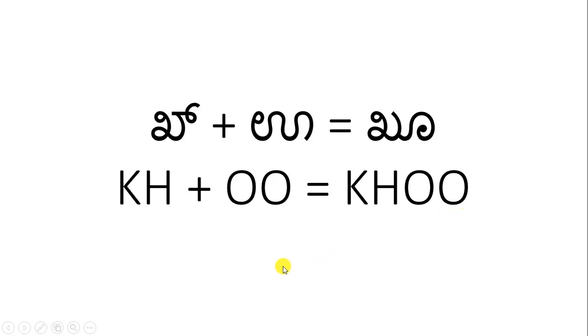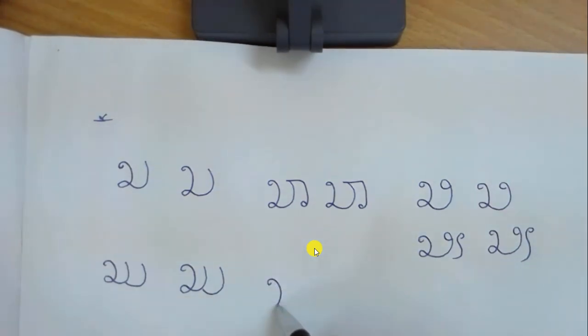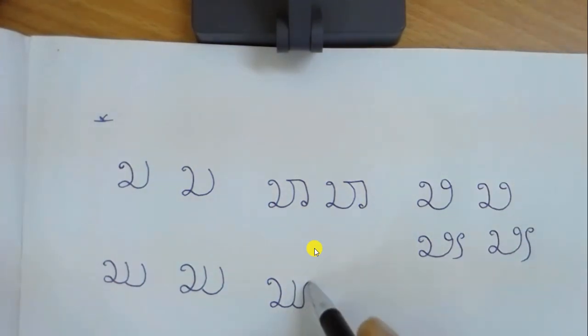There is no example in English which I can give you for this. So the way we pronounce it is Khoo. Now let us see how to write it. We write Khoo like this. Once again.